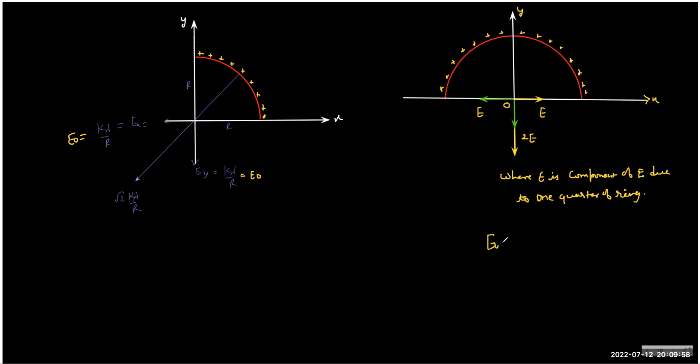So the E at O turns out to be twice of E, and the E is k lambda by r, the simple answer. And the formula will give you the same answer, which is 2k lambda by r sine 180 by 2. So no matter what we choose to write, you end up getting the same answer.